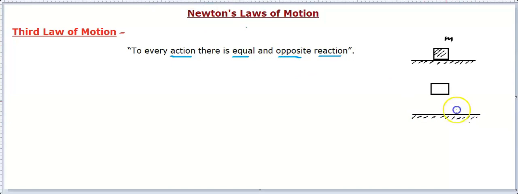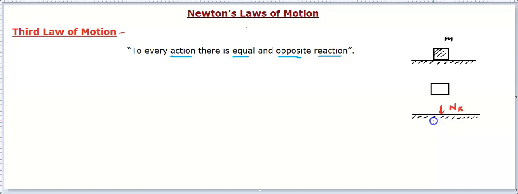You'll find, as per our understanding, that this block is going to push the ground downside. So when you place a block on a surface, you find this block starts pushing the surface down. That is the action that took place on the ground.